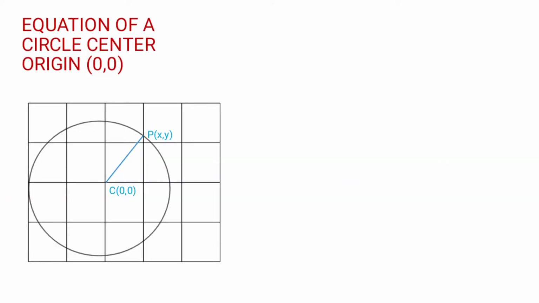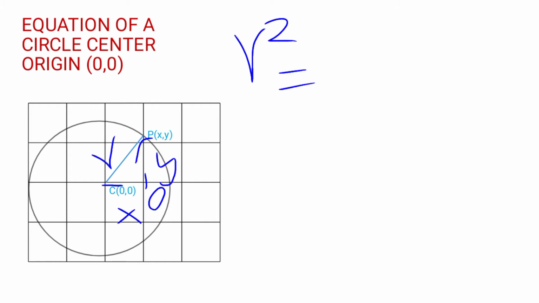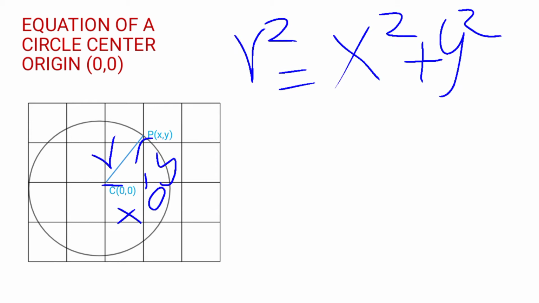Equation of a circle with center at the origin. Let's call this the radius. Let's extrapolate this so that we get a point O. Here will be Y and here will be X. Through Pythagoras theorem, to get r, we say r squared is equal to x squared plus y squared.